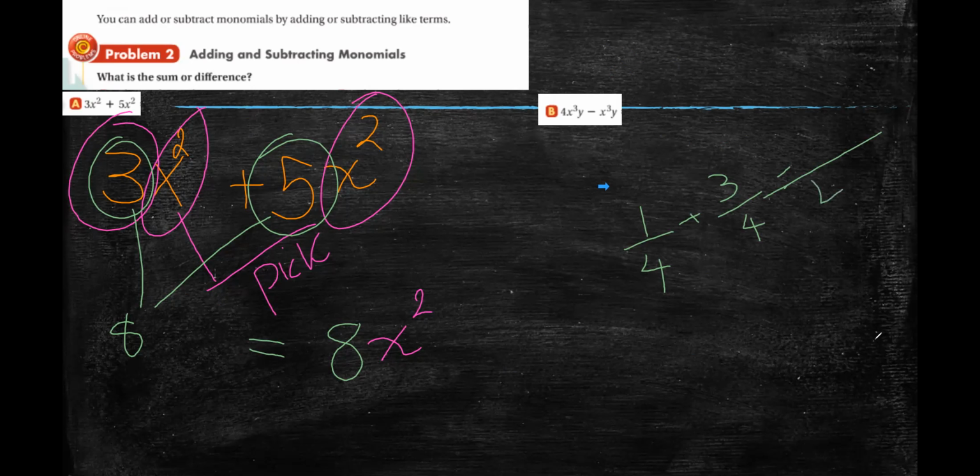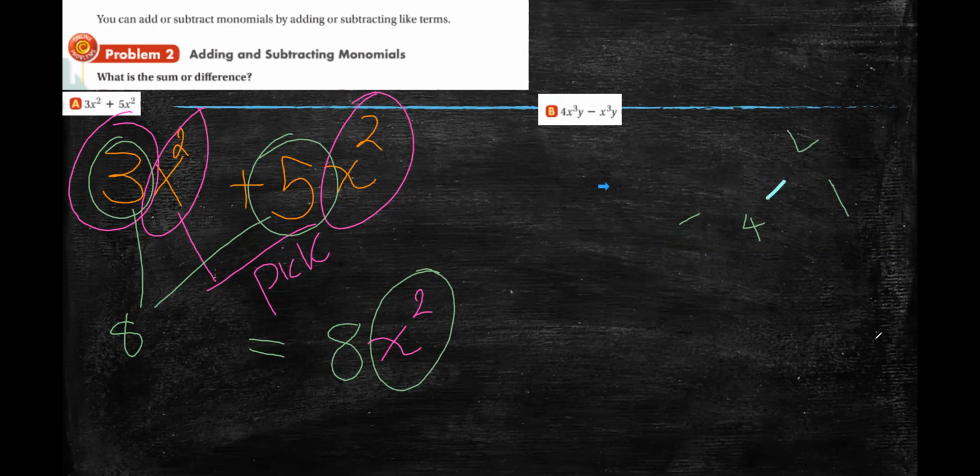No, we pick one of them, and then we add the numerators. Here also it is the same. We pick one of the variables, we put it down, and then we add the coefficients, which are 3 and 5. If you add 3 and 5, you get 8. So if you add 3x squared plus 5x squared, you get 8x squared. Is it clear now? Yes, teacher.